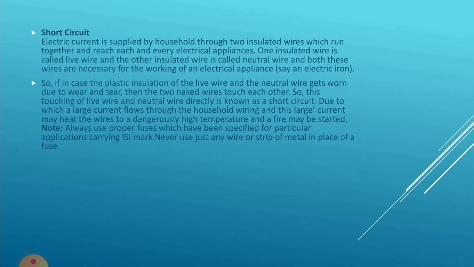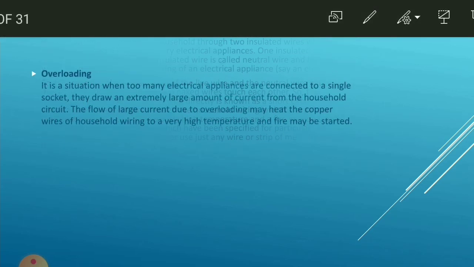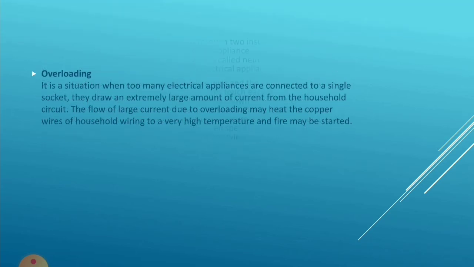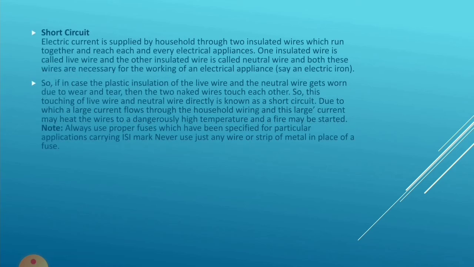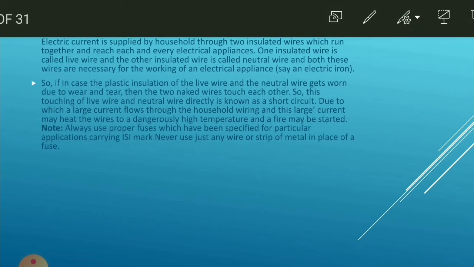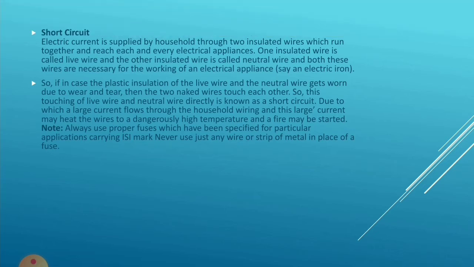Next, let's see about short circuit. Electric current is supplied to the household through insulated wires, one called the live wire, and the other insulated wire is called the neutral wire, and both these wires are necessary for the working of an electrical appliance, say an electric iron.